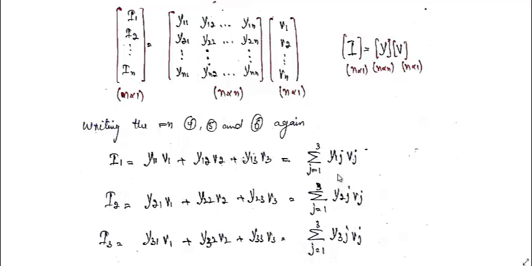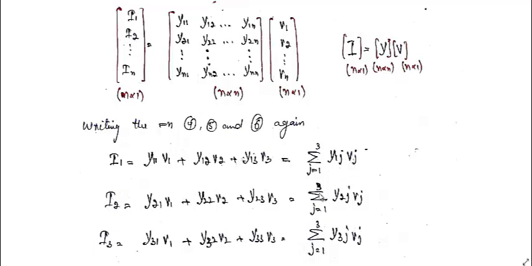You can see it from here. This I1, I can represent it by a summation. I can run this j from 1 to 3 because here there are only 3 terms. Summation will represent these sums. Here this one is variable, 1, 2, 3, and this one is constant, 1. So I1 will be equal to the summation from 1 to 3 of Y1j Vj.